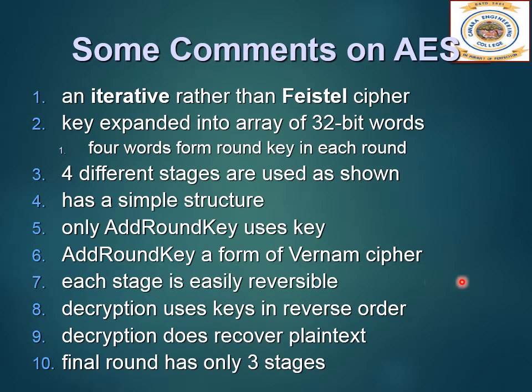For the substitute bytes, shift rows and mix column stages, an inverse function is used in the decryption algorithm. For the add round key stage, the inverse is achieved by XORing the same round key to the block. The decryption algorithm makes use of the key in the reverse order. However, the decryption and encryption algorithms are not identical.